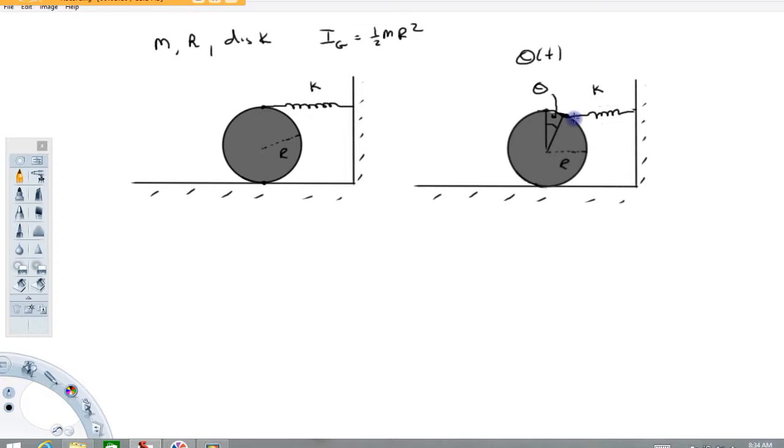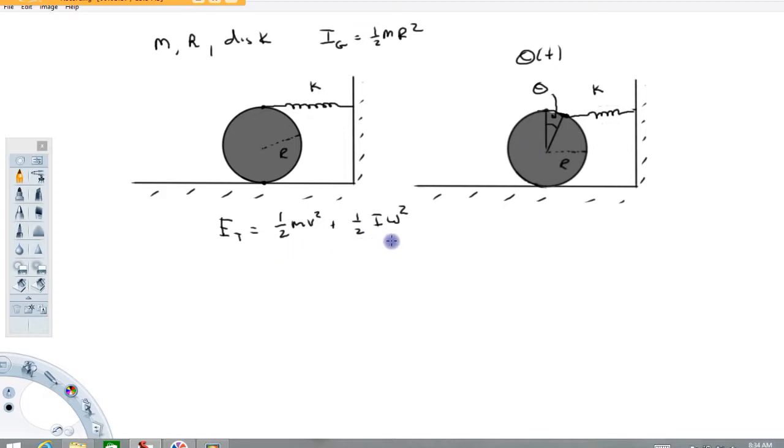So similar to the previous video, first step is we have to write out an equation for the total mechanical energy of the system. So as this thing is rolling at any given point, it's got a kinetic energy equal to 1/2 mv squared for the translational motion of the system, plus 1/2 I omega squared for the fact that this thing is rotating.